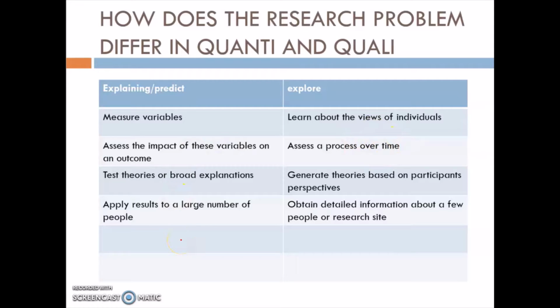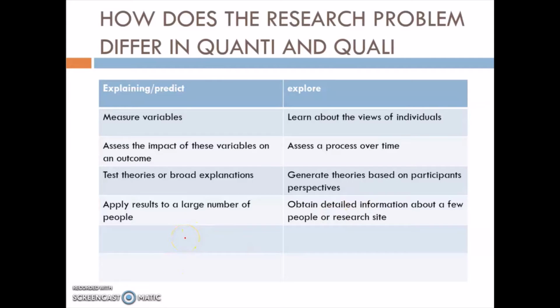And then the next difference is that quanti tests theories or looks for a broad explanation, which is actually a kind of hypothesis, to test the hypothesis. But quali tries to generate theories or main themes from the information gathered from the participants to understand, let's say, a certain community's perspective or experience.